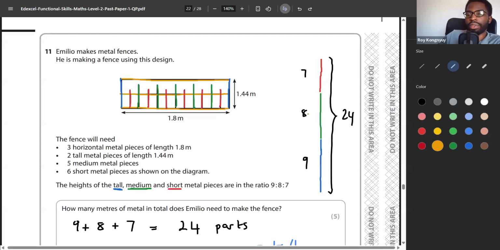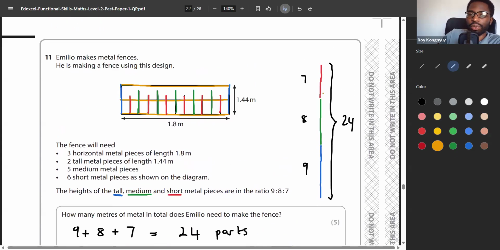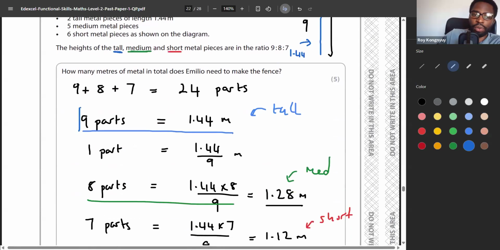In order to find the length of the medium and the short, first of all, we know the length of the tall is 1.44 meters. We're told that here. And this, in terms of a ratio, corresponds to 9 parts. So we start with what we happen to know, then we work from there. We can find the lengths of the other parts.